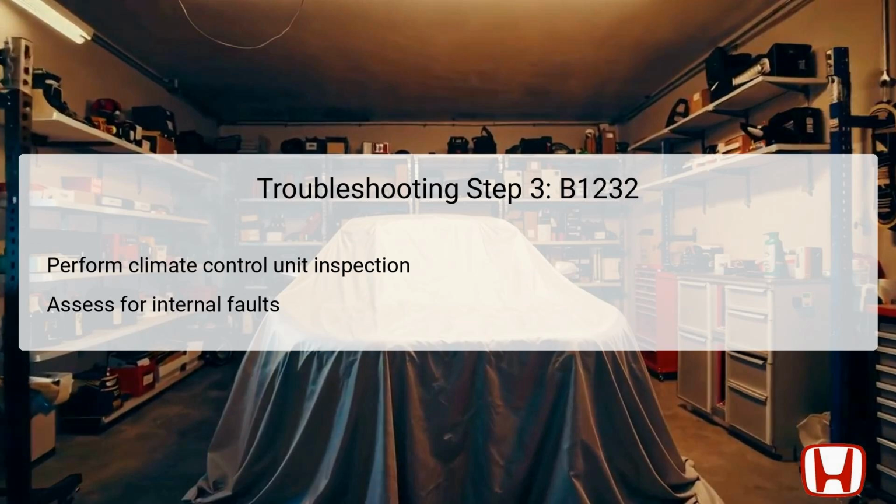This step includes assessing the unit for any signs of internal damage or malfunction that may prevent it from processing sensor data effectively. The technician will refer to the specific electrical schematics and utilize diagnostic tools to identify any functionality issues within the unit. If defects are confirmed or suspected, the unit must be replaced or repaired to restore proper operation to the climate control system.